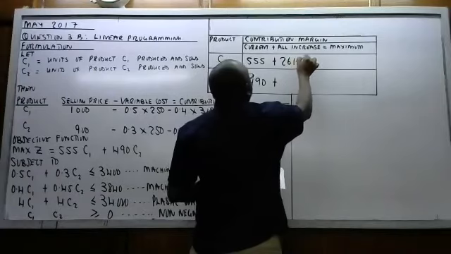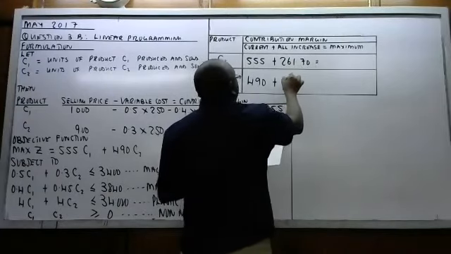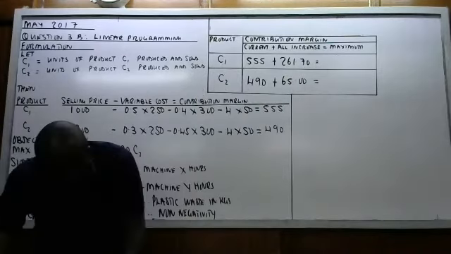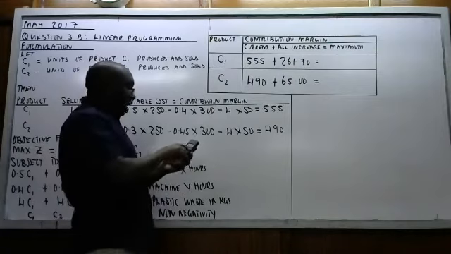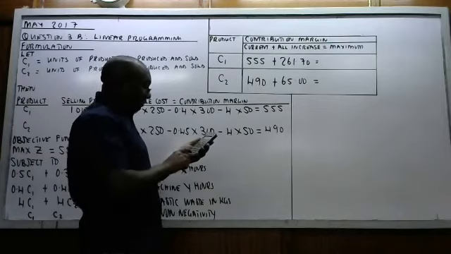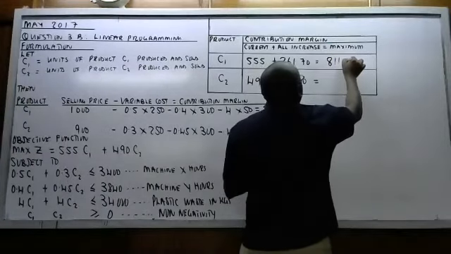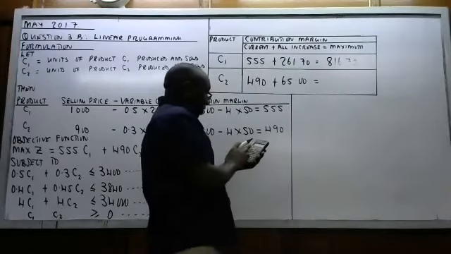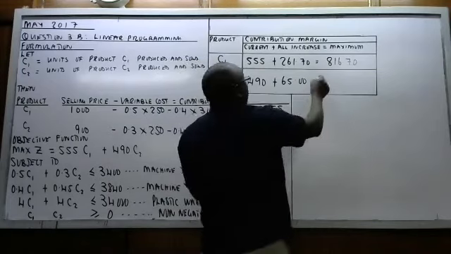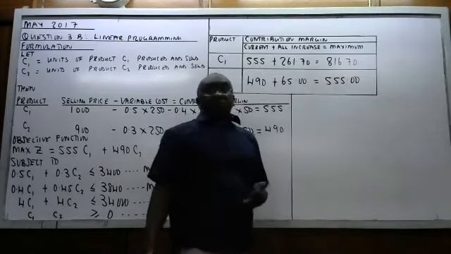261.70. And the other one is 65.00. So if I take the calc, I'll be able to say 555 plus 261.7. This is 816.70. Then 490 plus 65 is 3555.00.